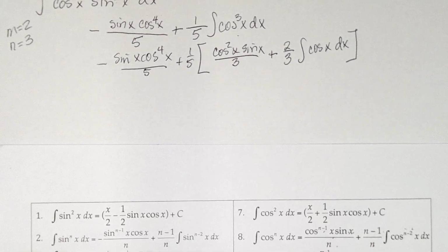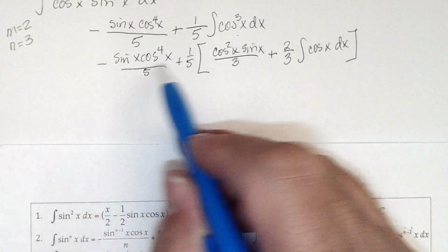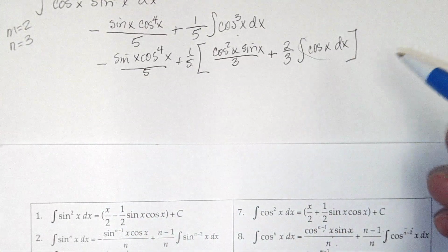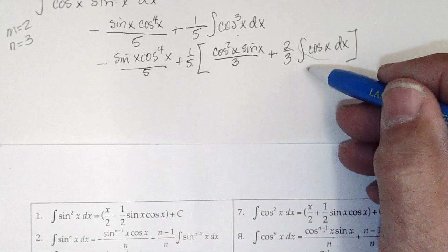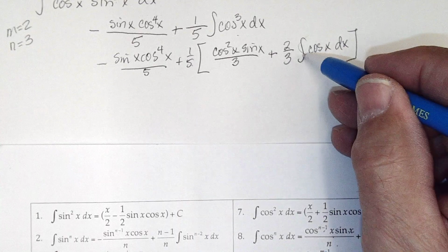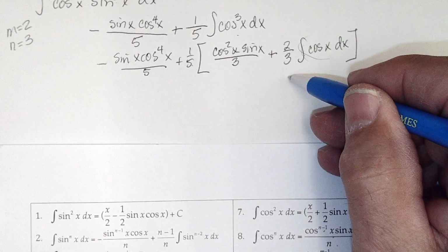And so we get this, and 1/5 times this, and the antiderivative of cosine, see, the derivative of sine is cosine, so the antiderivative is just sine.